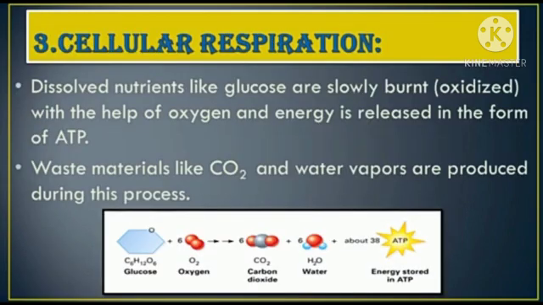Third is cellular respiration. Dissolved nutrients like glucose are slowly burned, oxidized with the help of oxygen, and energy is released in the form of ATP. Waste materials like CO2, carbon dioxide, and water vapors are produced during this process.